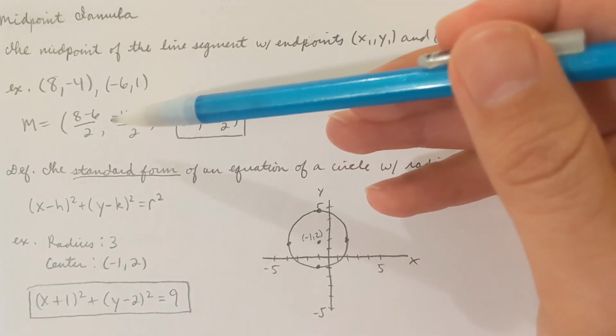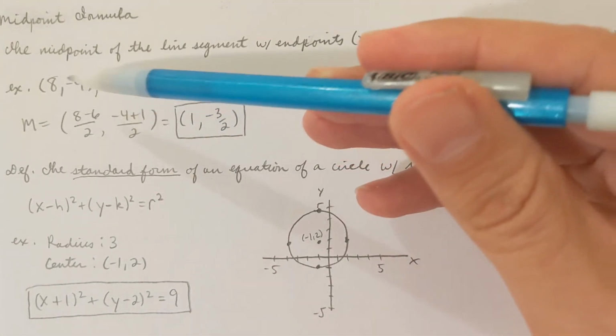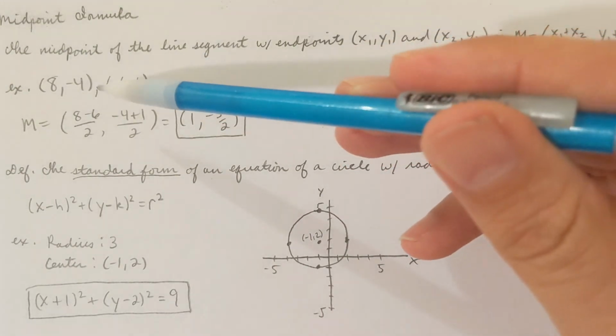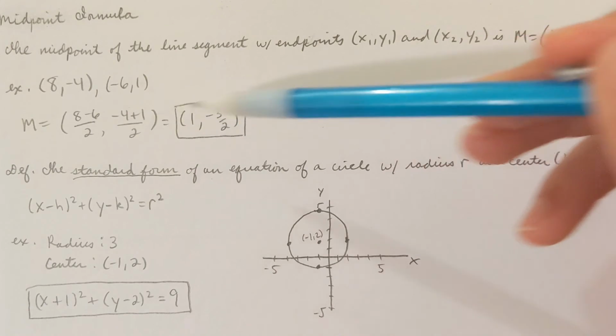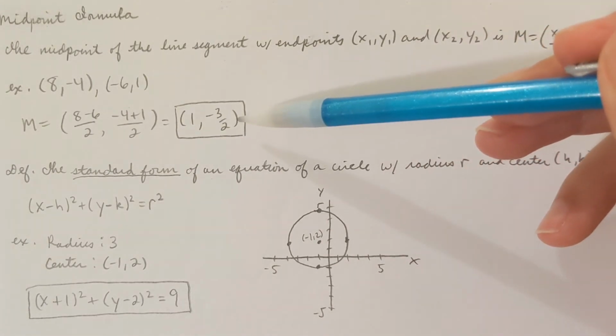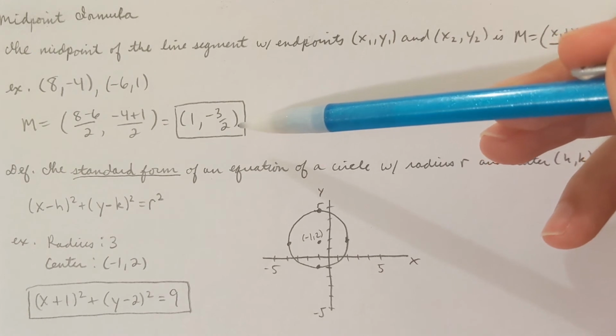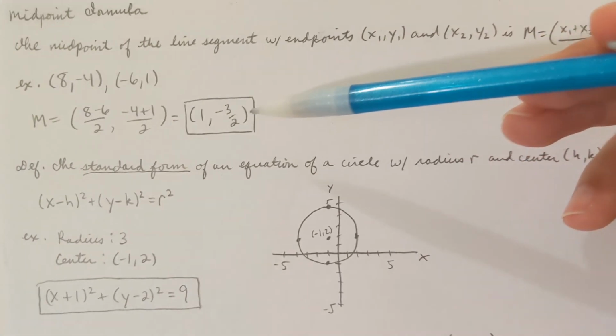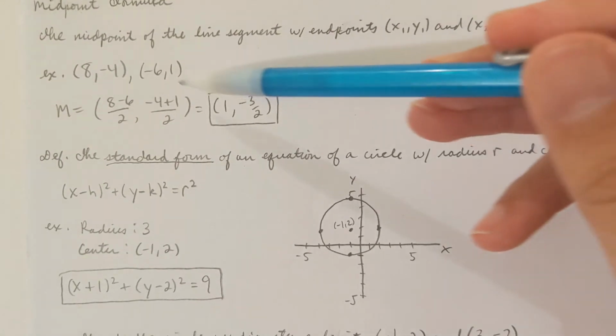So 8 minus 6 divided by 2, and then negative 4 plus 1 divided by 2, which is 1, and then negative 3 halves, and that's a point. So that point is the midpoint between these two.